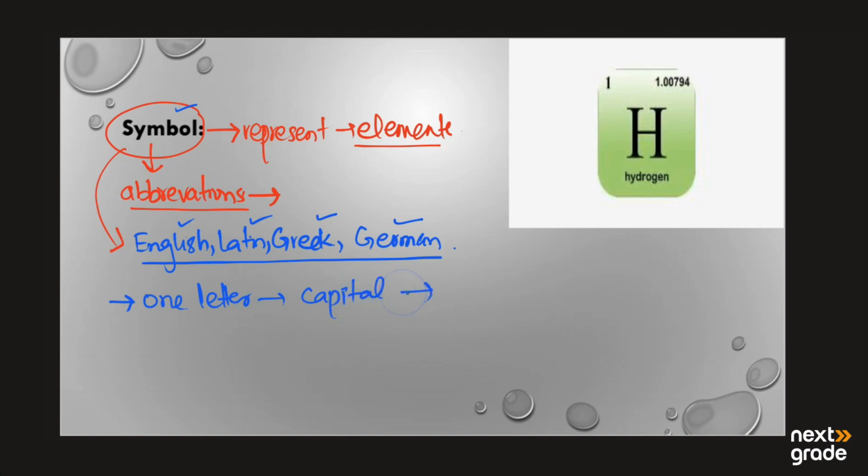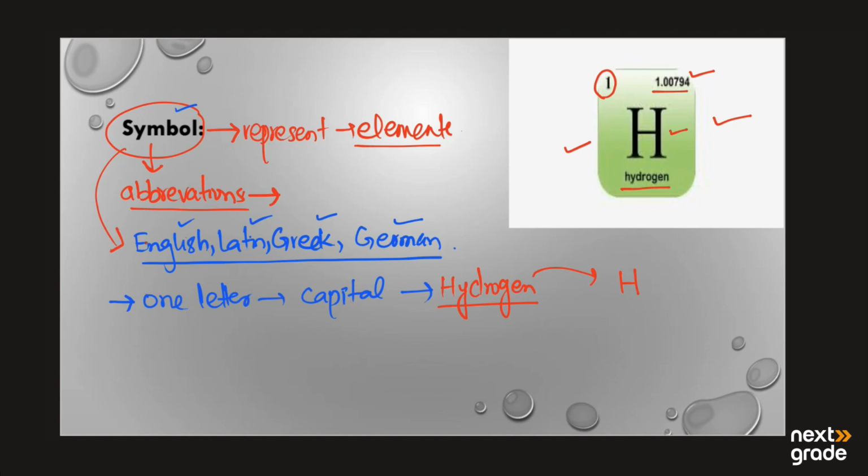For example, hydrogen. We write its symbol as capital H. As it is hydrogen, its symbol is H, and here we show its atomic number and its mass number.